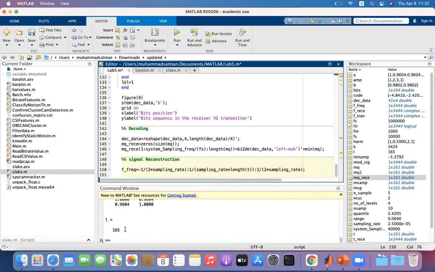If this was minus fs by 2 to plus fs by 2 but there was no 0, then it would be fine. But since there is one extra 0, we have to subtract it from the final value. And that's why I asked you previously to check why I put this minus 1 over this term.